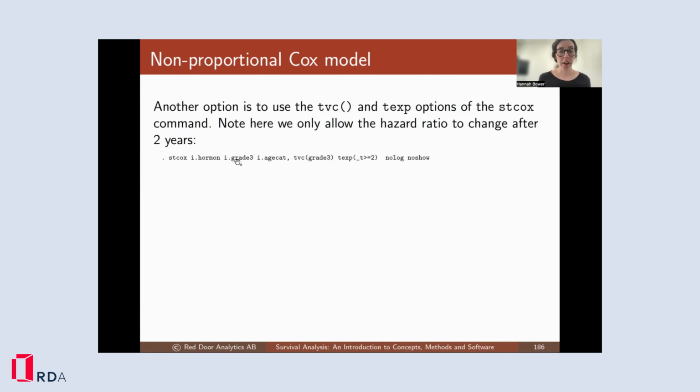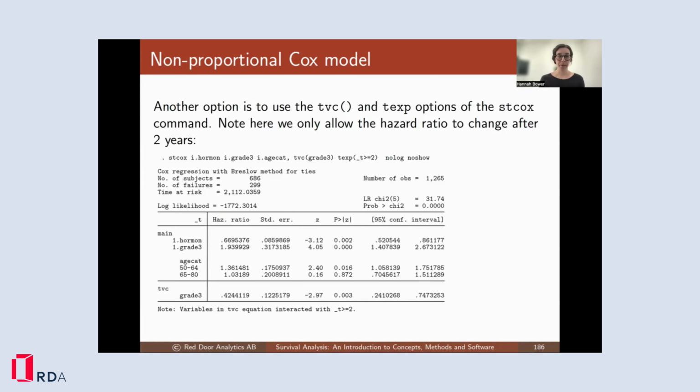We fit our variables in the model, and then we use this option TVC to say which variable we want to allow for non-proportional hazards, and that's grade 3. And then we use this TExp option to tell Stata where we want the split to be on the time scale. Well, we want it to be when _t is greater than or equal to 2. So we're going to allow the hazard ratio to change after 2 years. So we'll have one hazard ratio prior to 2 years and one after 2 years.